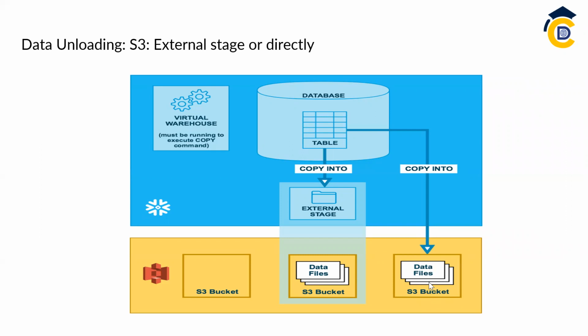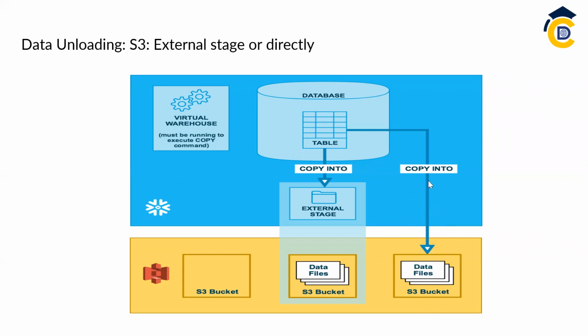Whatever the login details match in Snowflake, at that time directly connect to the S3 bucket. No, the S3 bucket has to be public. The access on the S3 bucket has to be public. At that time, you don't need an external stage.